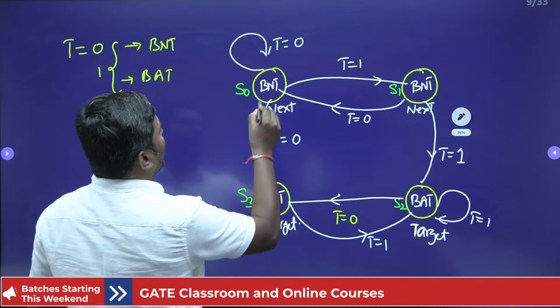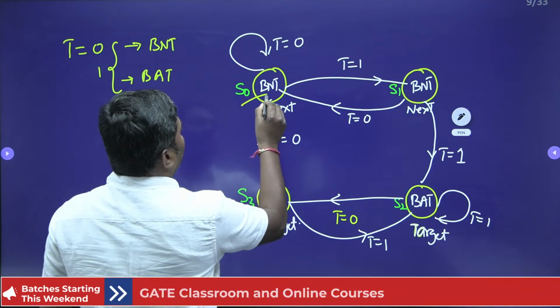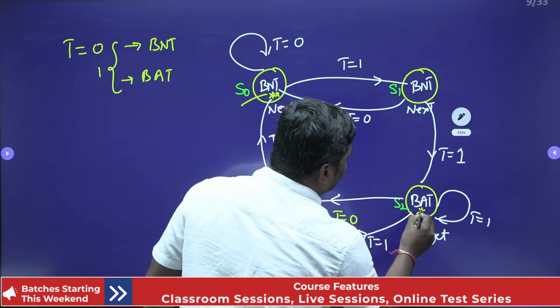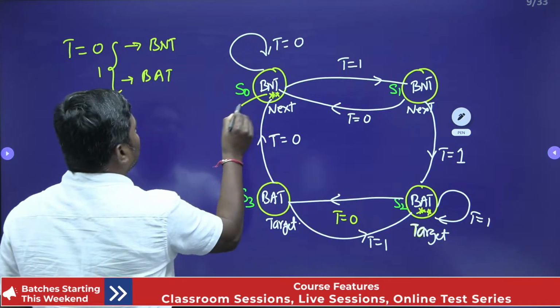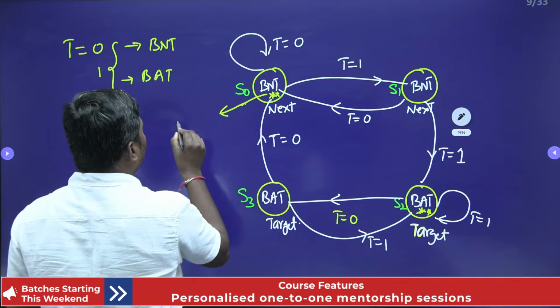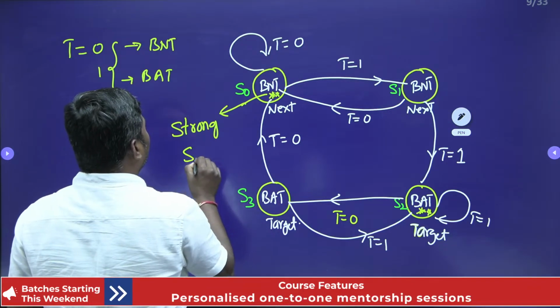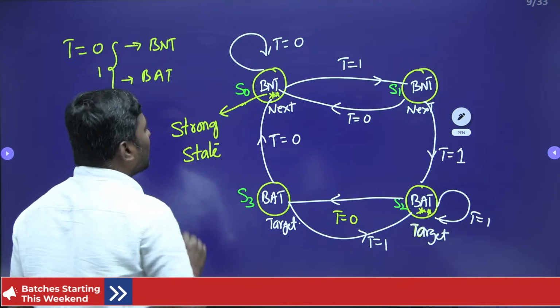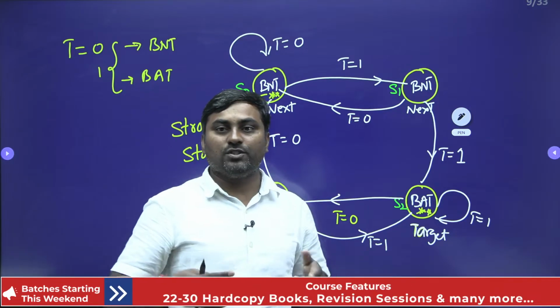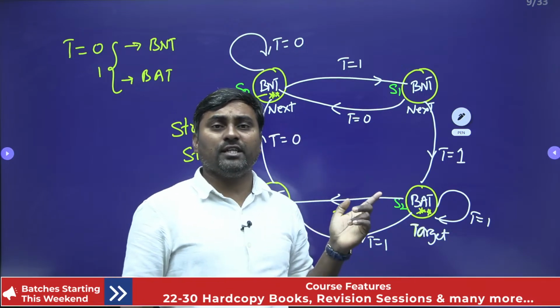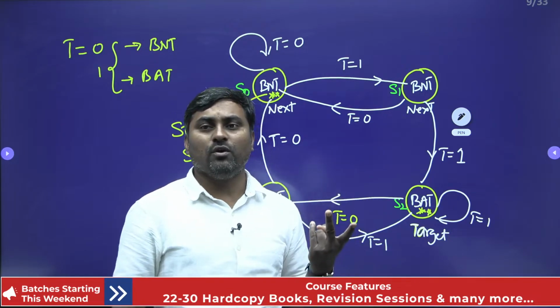Now please observe this. I'm marking these two states with stars. The stars indicate the strong states. What is the meaning of a strong state? A strong state means we are changing the prediction. If I'm predicting that the branch never takes, I observe the next two consecutive predictions.